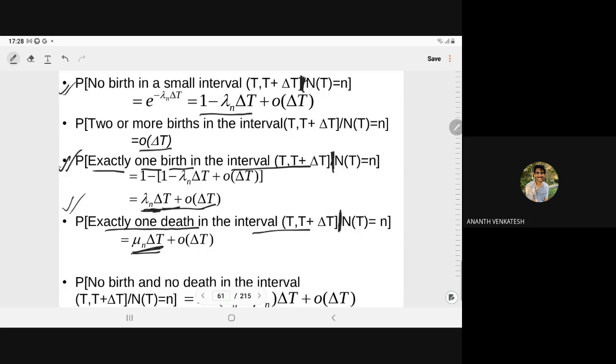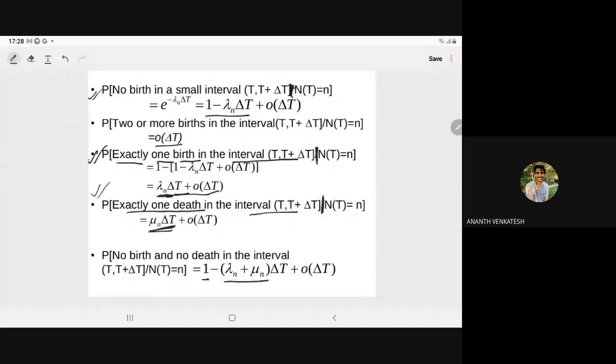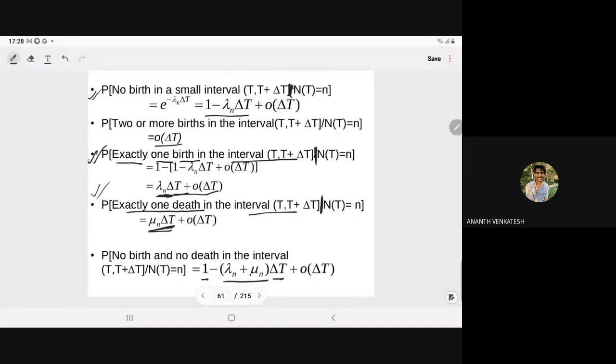No birth, no death means 1 minus lambda n plus mu n into delta t. Clear how we are writing this? From the axioms, from the basics of the exponential distribution, I am writing this. Is there any doubt? Anyone?